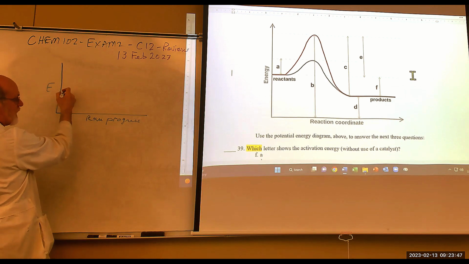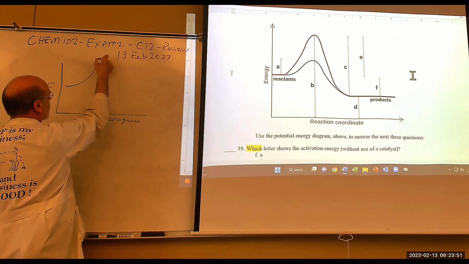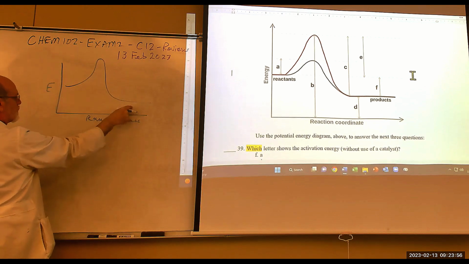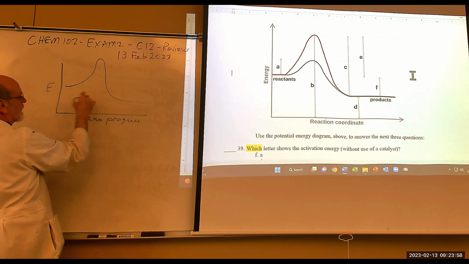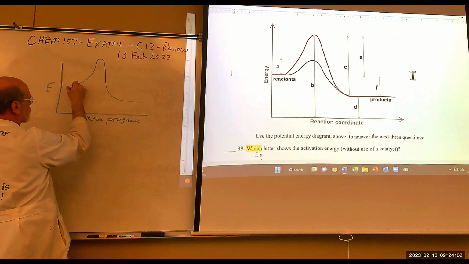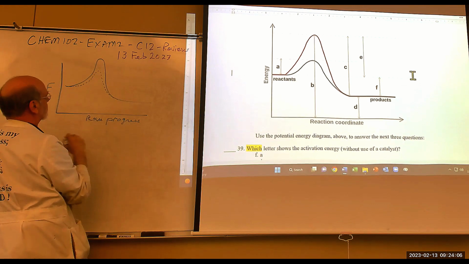And we've got this possibility. We're going to go up like this, like that. They go back down like this over here. Reactants, products. And then we're going to have another one that goes like this. Let me make this one dotted. Looks like this, back down like that. Okay.